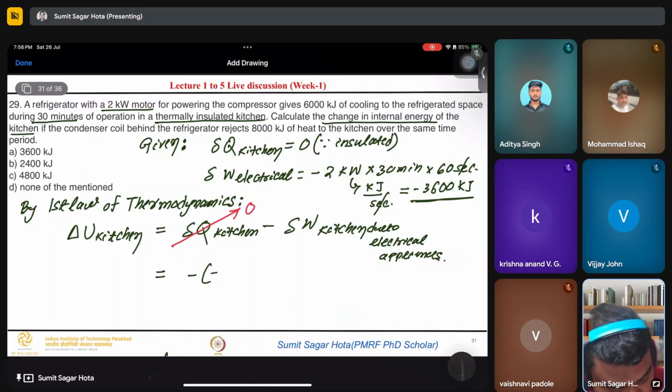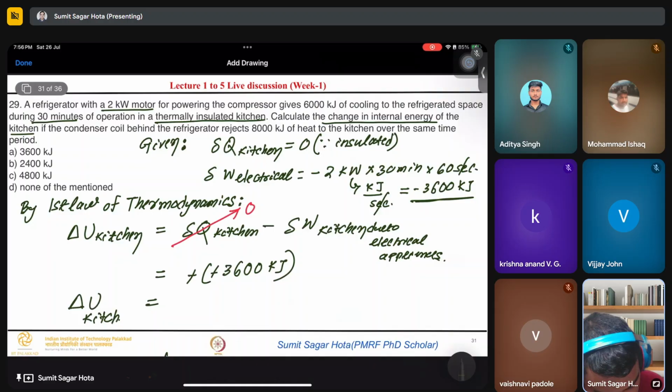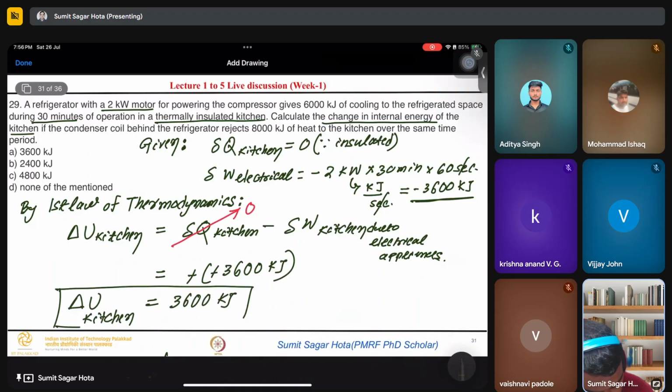The sign will automatically come. So 3600 kilojoule. Two negatives get cancelled. So delta U of the kitchen will be 3600 kilojoule. So the answer is A.